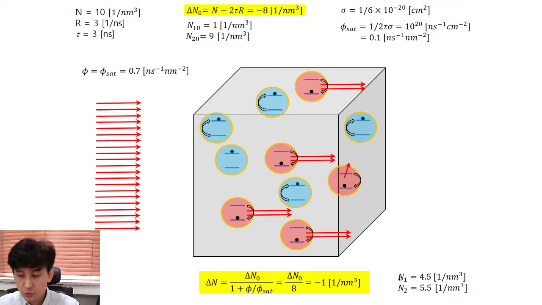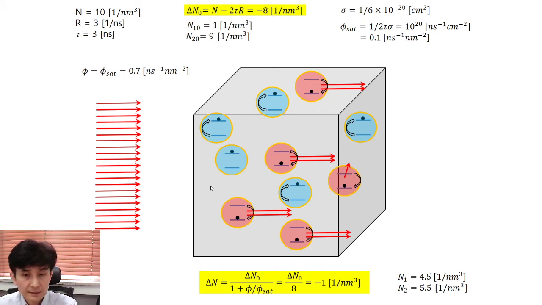N1 and N2 should be integers because those represent the number of atoms, but statistically this can happen within 1 nanometer cube. The average number of excited state atoms is 5.5, and the average number of ground state atoms is 4.5 atoms.